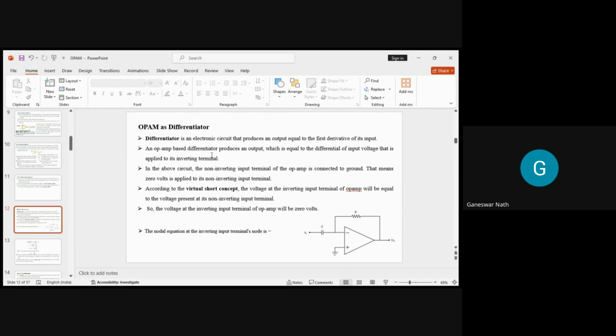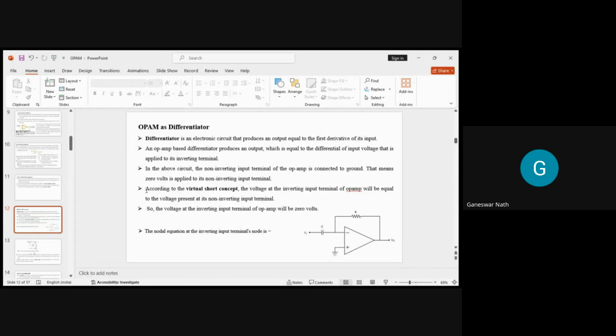An op-amp based differentiator produces an output which is equal to the differential of the input voltage that is applied to its inverting terminal. In the above circuit, the non-inverting input terminal of the op-amp is connected to the ground. That means zero voltage is applied to its non-inverting input terminal.